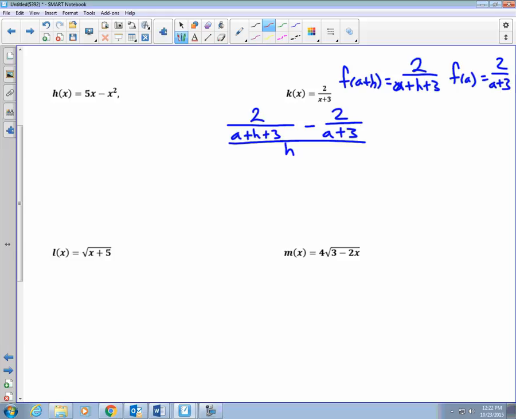I have a complex fraction. Do you remember we spent time on this at the beginning of the year? How do we simplify complex fractions? We have to create common denominators. We got to make one fraction in the numerator, one fraction in the denominator, then we will multiply by the reciprocal. But I have to start by making one fraction. So common denominators will be a plus h plus 3 and a plus h plus 3.